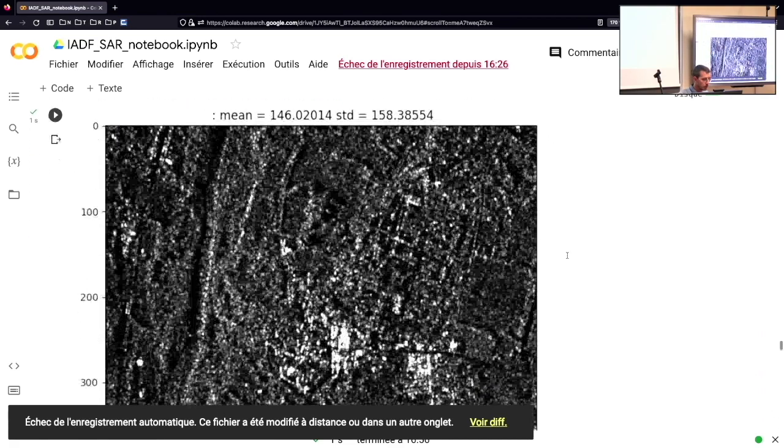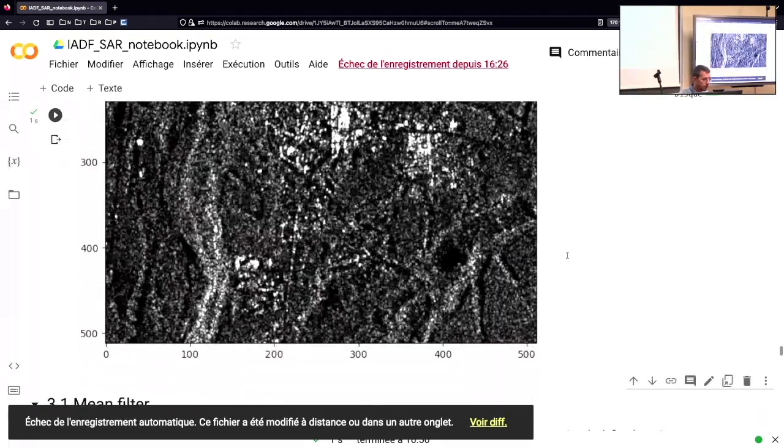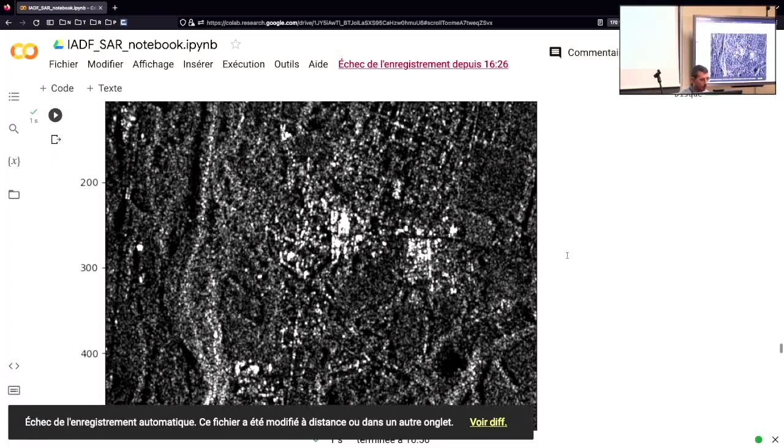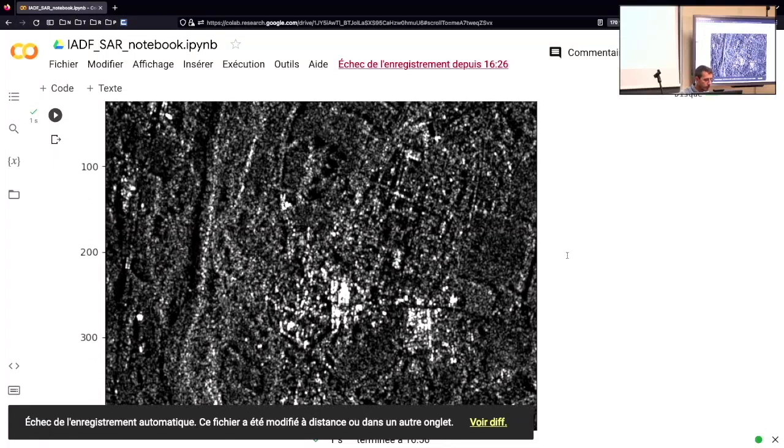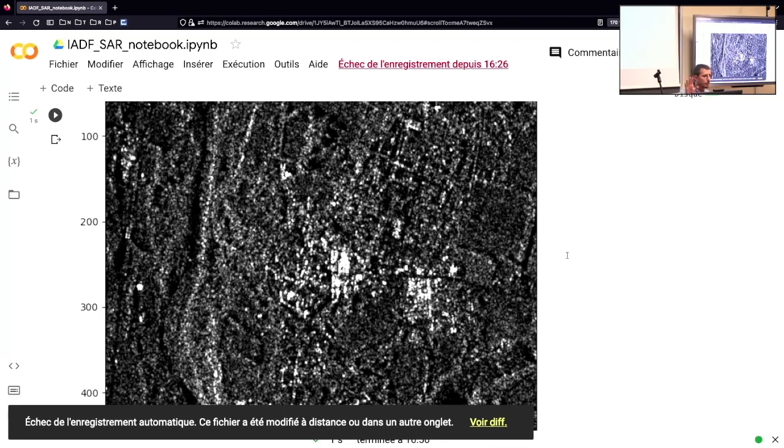So here you can see the image that we are going to deal with. What is interesting in this image, and the reason why I have chosen it, is that there are some homogeneous areas. When we do despeckling, we want to suppress speckle from homogeneous areas, but at the same time we want to preserve edges. In this image we have both classes.